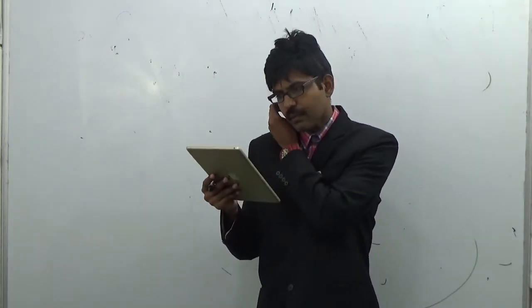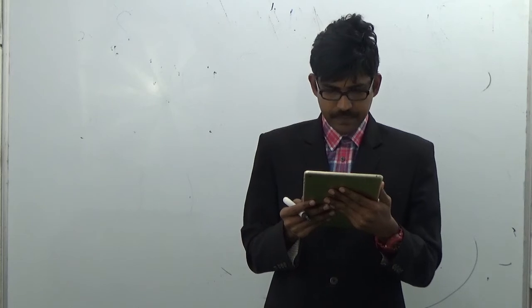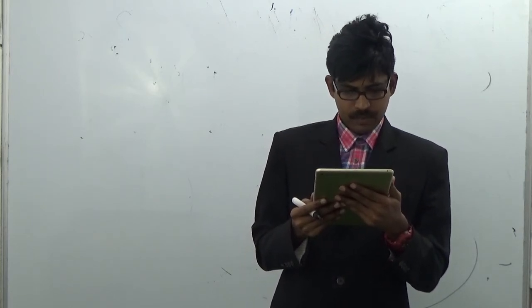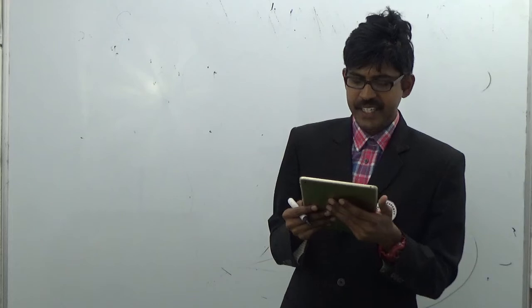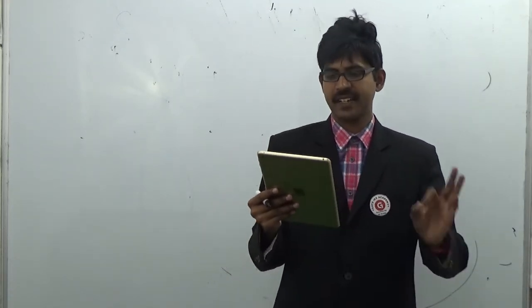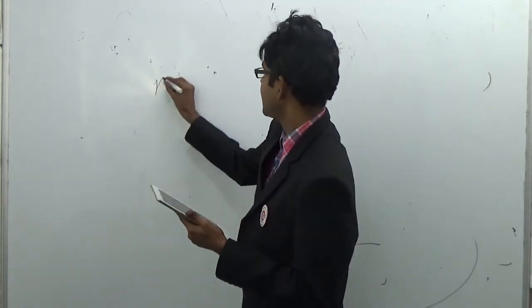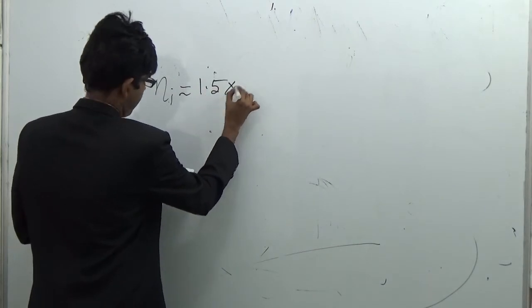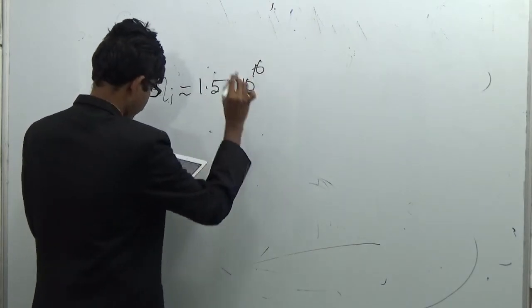Now, here again, there is a problem. The intrinsic concentration of a silicon sample at 300 Kelvin is 1.5 into 10 to the power 16.